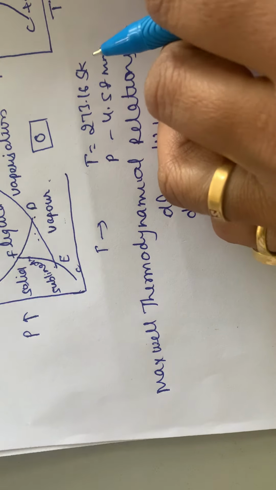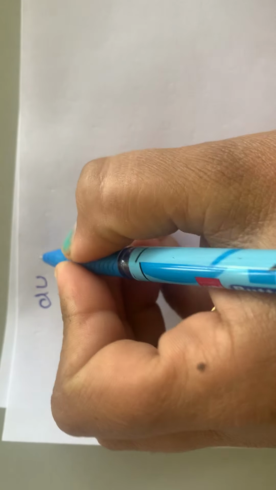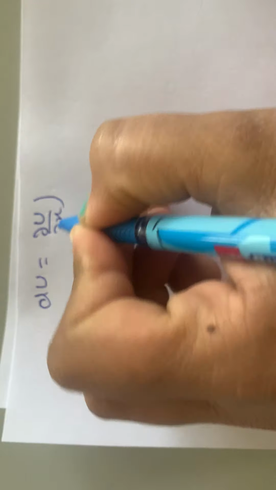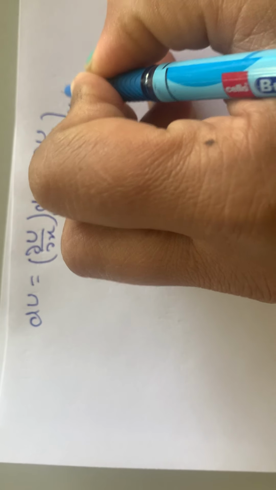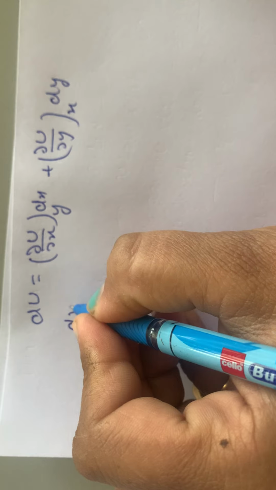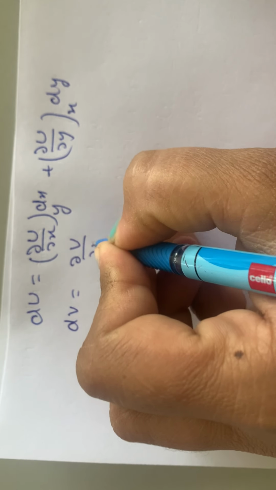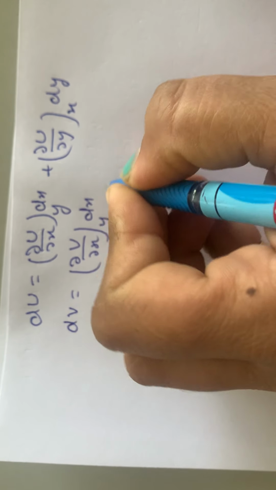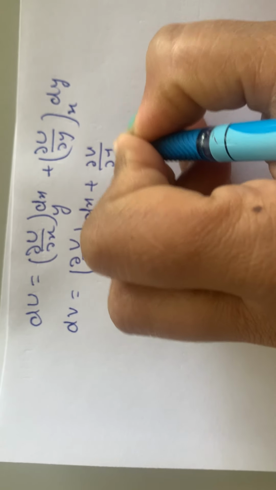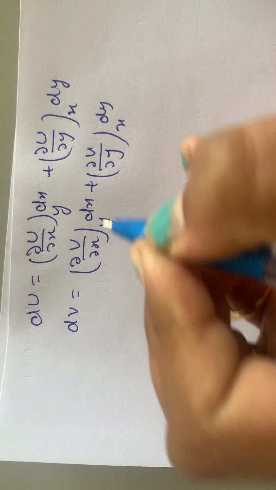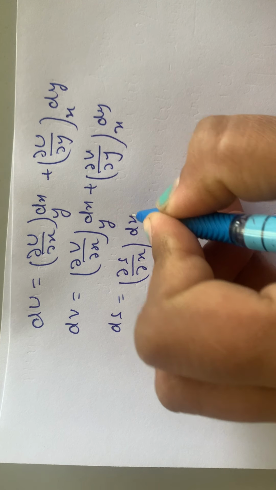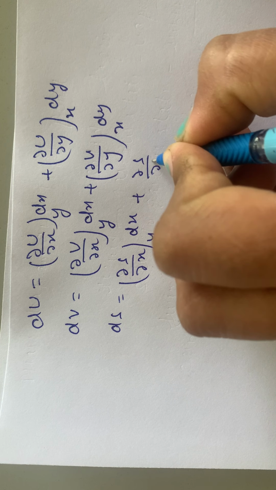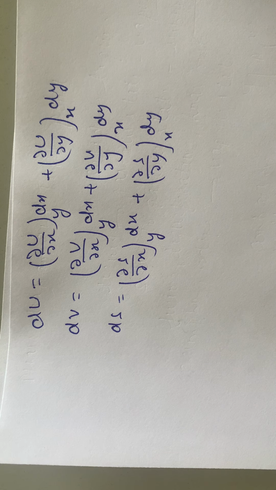The value of dU equals ∂U/∂X at constant Y dX plus ∂U/∂Y at constant X dY. dV equals ∂V/∂X at constant Y dX plus ∂V/∂Y at constant X dY. In a similar way, dS equals ∂S/∂X at constant Y dX plus ∂S/∂Y at constant X dY.